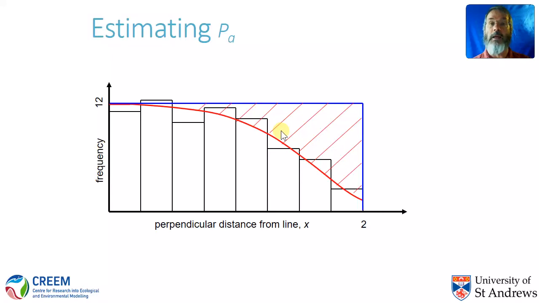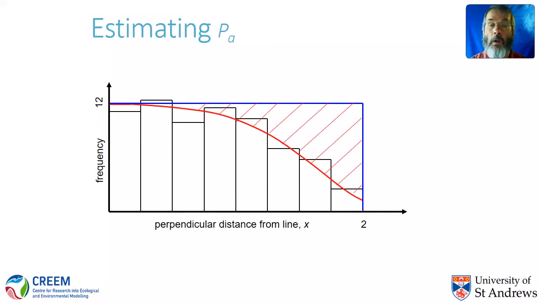However, in the data that you observe, that histogram is not likely to be a rectangle. Instead, there's likely to be a drop-off in the number of detections made at large perpendicular distances, and the number of detections is likely to increase as you get closer and closer to the ship's transect line.